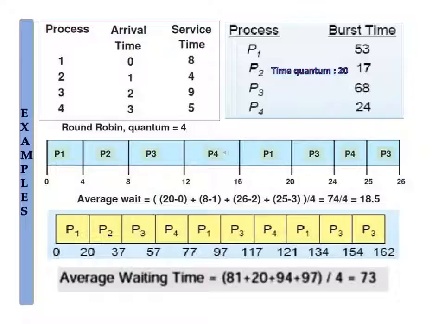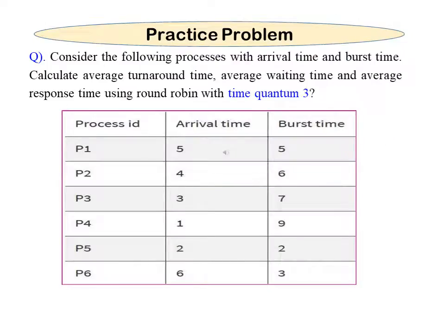P3 is executed three times, so 26 minus 2, then 25 minus 3 is 4 for P4, and then the average waiting time. In the previous slide we solved the problems using the round robin algorithm.